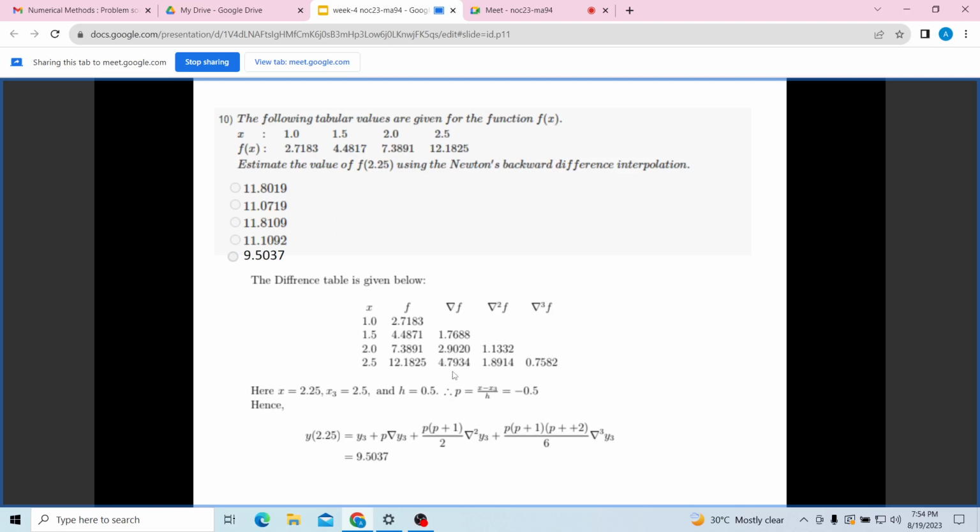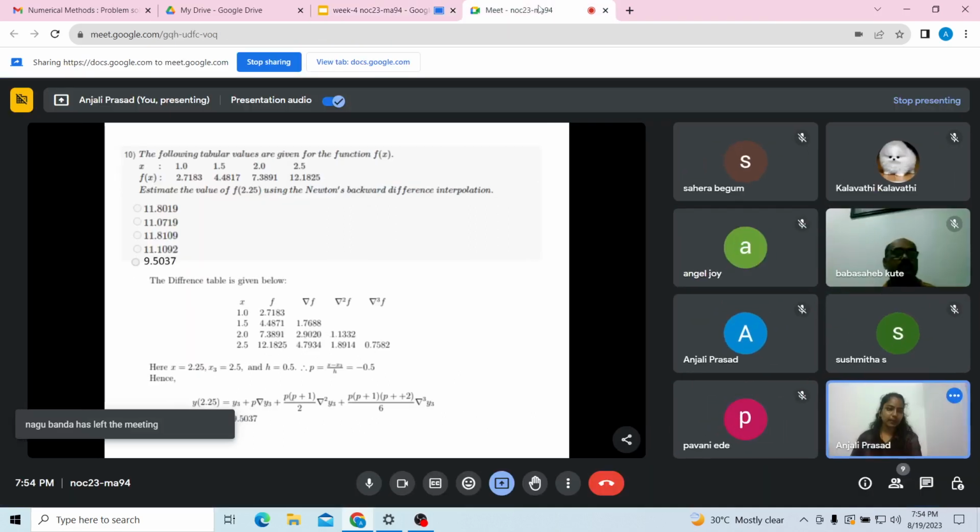This is 4.7934. Nabla square y3 will be 1.8914 and nabla cube y3 will be 0.7582. So substitute all these values and p, that is minus 0.5, you will get it as 9.5037. So check, are you getting it as 9.5037?